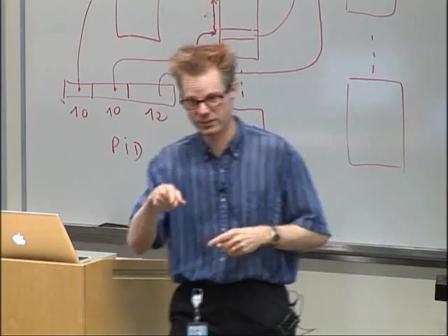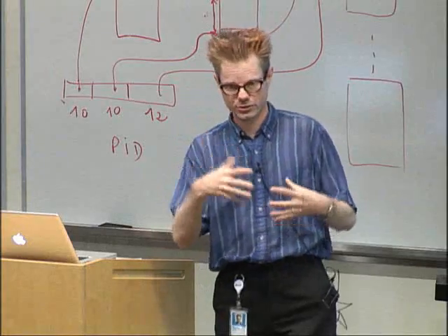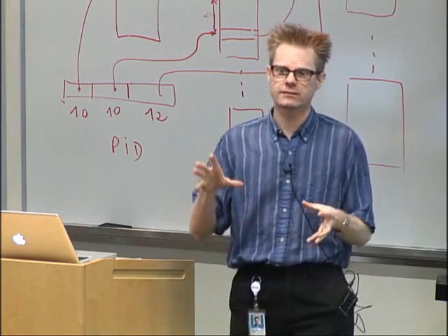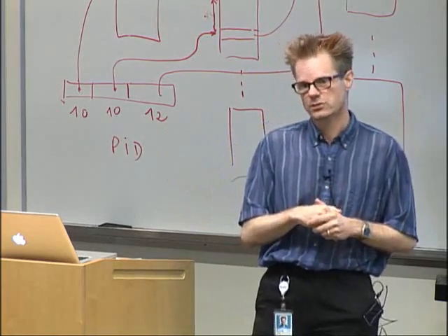So, Jason, did you also have a question? Yeah, I was wondering where the virtual address translation sits. Is that before or after? You mean, each guest operating system probably has a bunch of processes running. That sits before.